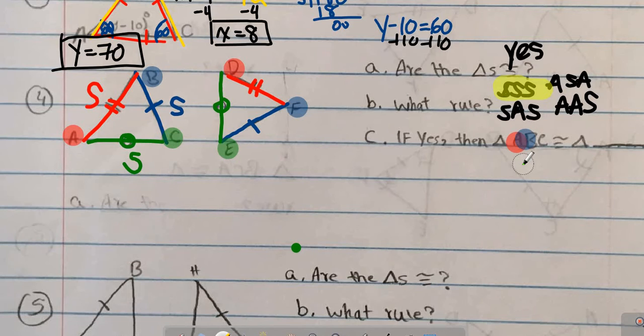So triangle ABC is congruent to triangle DFE.